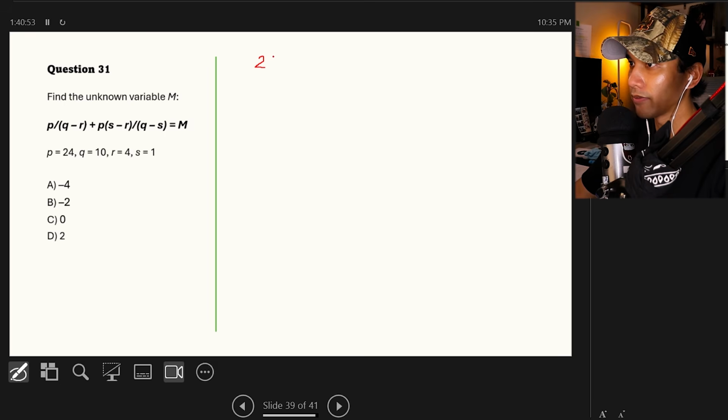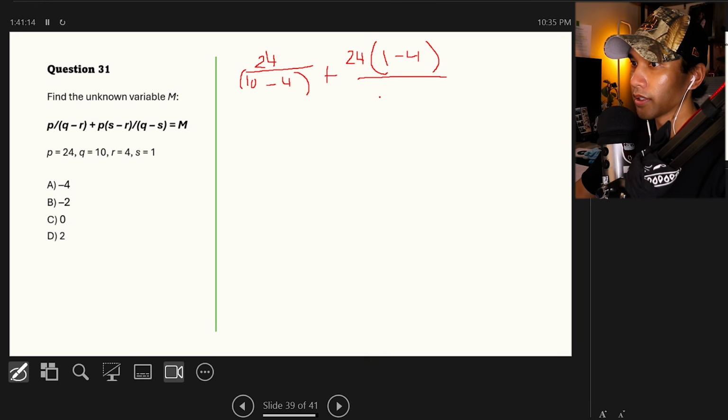So it's 24 over 10 minus R, which is 4, plus P, which is 24 again, over S, which is 1, minus R, which is 4, over Q minus S. So we have 10 minus 1 equals M.